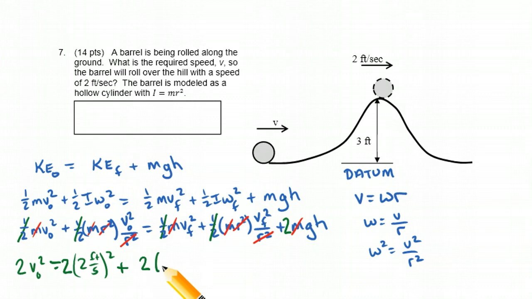So g, we're working 32.2 feet per second squared, and h of 3 feet. So all our terms have units of feet squared per second squared, and we can solve for v0 right here.